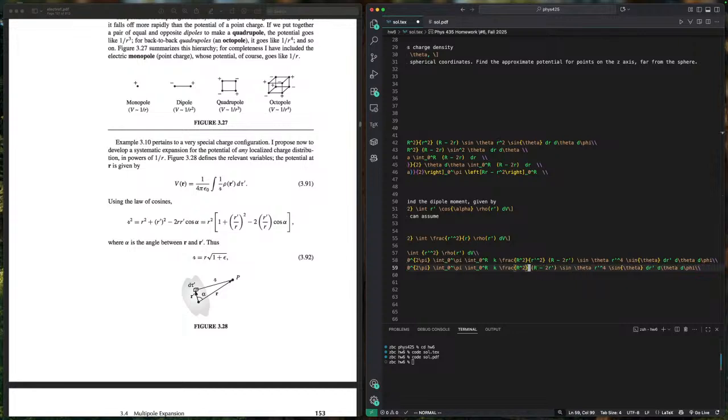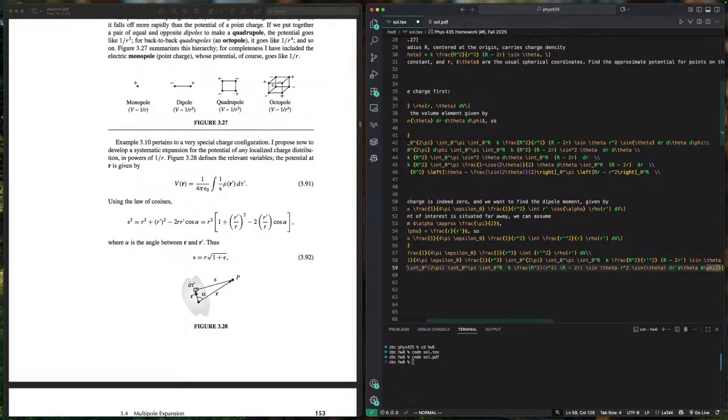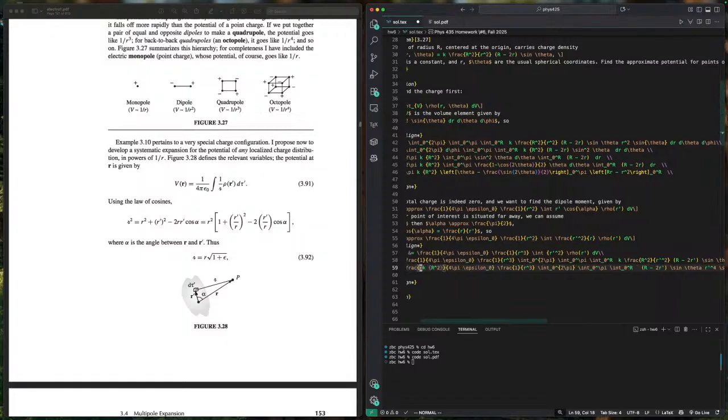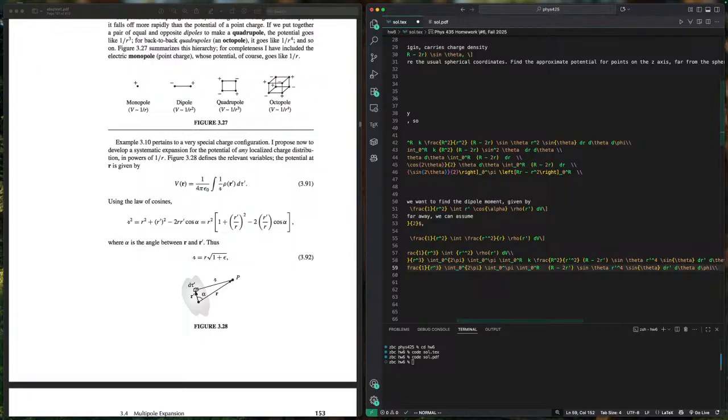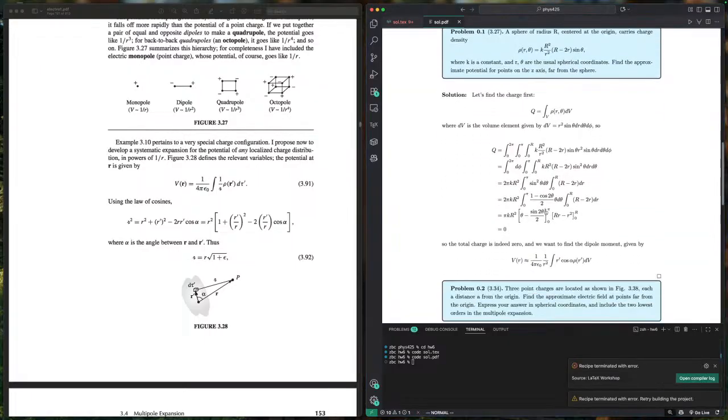Okay, and then this will simplify immensely. First we get rid of this denominator term, and then in fact we actually just get rid of k r squared altogether. We throw that over here. Nope. Okay, let's just compile real quick.